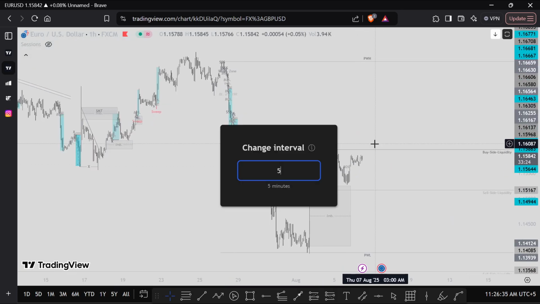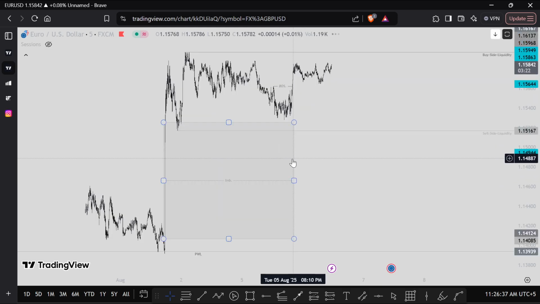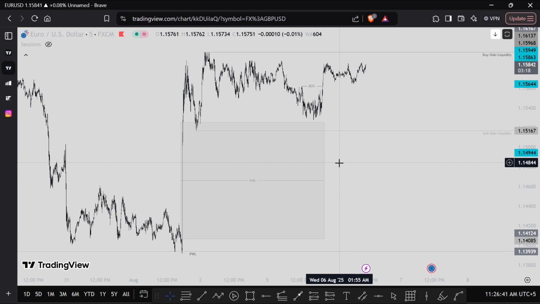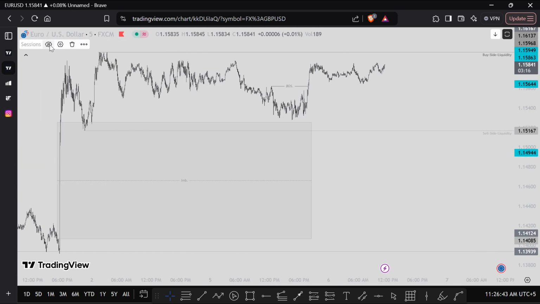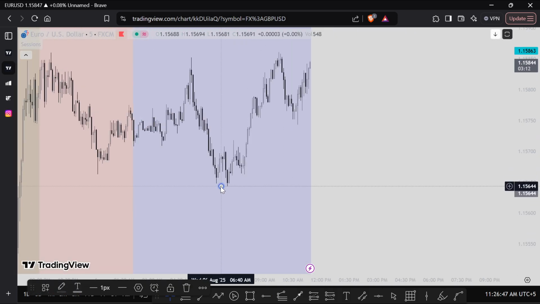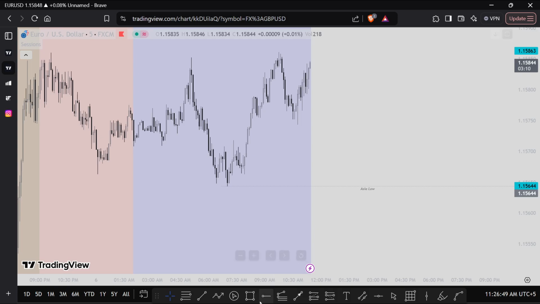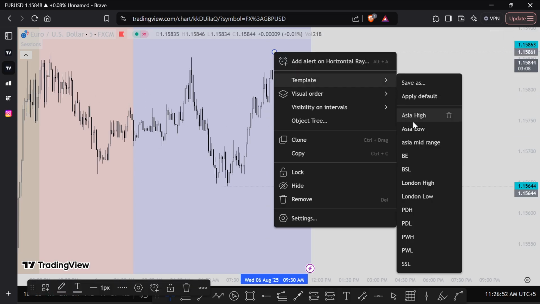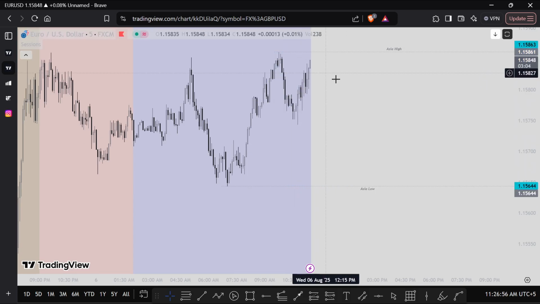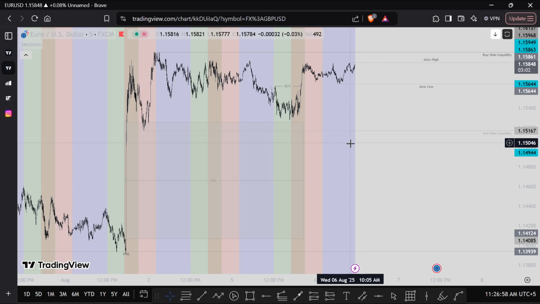So right now, the things seem to be going sideways, and the main thing for today is the Asia has moved around 25 pips, I think. So that's our Asia low, that's our Asia high marked out, and as you can see here, we have the Asia range of around 22 pips. 22 pips of Asia means London has the potential to move downside.